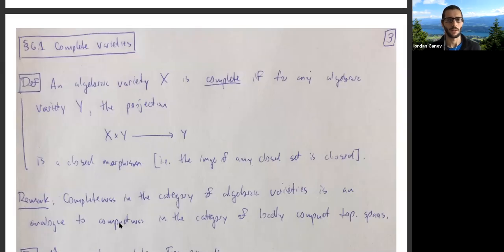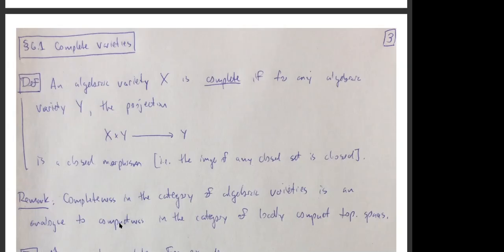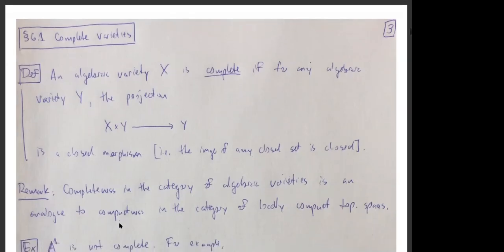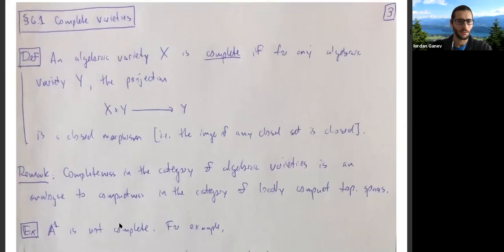So we forget about this notion of compactness from topology that we're more familiar with, and we focus on this completeness. The only reason I said compact is because this is kind of an analog, but I'm not going to use compact anymore in the setting of algebraic varieties. Okay, thank you. I'm not sure if that really answered your question, but I hope it helps a little bit. Okay, any other questions?